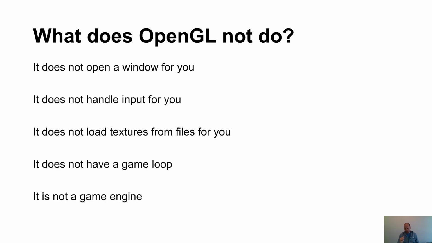So we should also know what OpenGL does not do. OpenGL does not open a window. It does not handle the input for you. It does not load textures or anything from the file system, which you'll find you need to do for a few things. It does not provide any kind of game loop. In fact, it doesn't provide any constructs related to games or even an engine or any kind of application stuff at all.